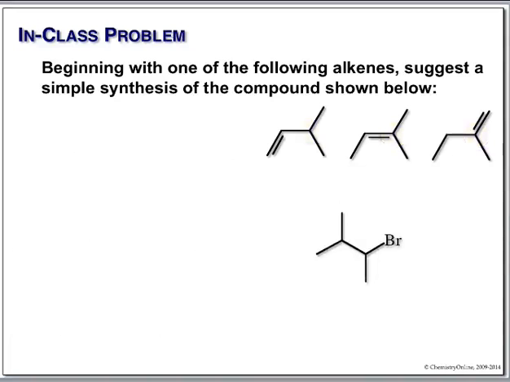Let's do another one. What type of compound is it? It's an alkyl bromide. Is the bromine attached to the carbon that gives the most stable carbocation? No. It's attached to a secondary, there's a tertiary.